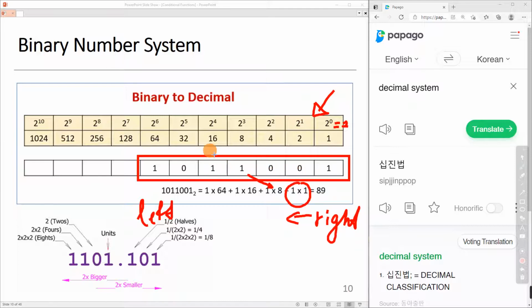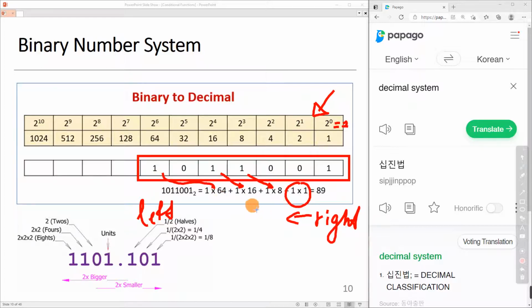The next one: 1 times 2 to the power of 4, 1 times 16. You can find it here. The next one is 0. And the next one is 2 to the power of 6. 1 times 2 to the power of 6 will give us 64.